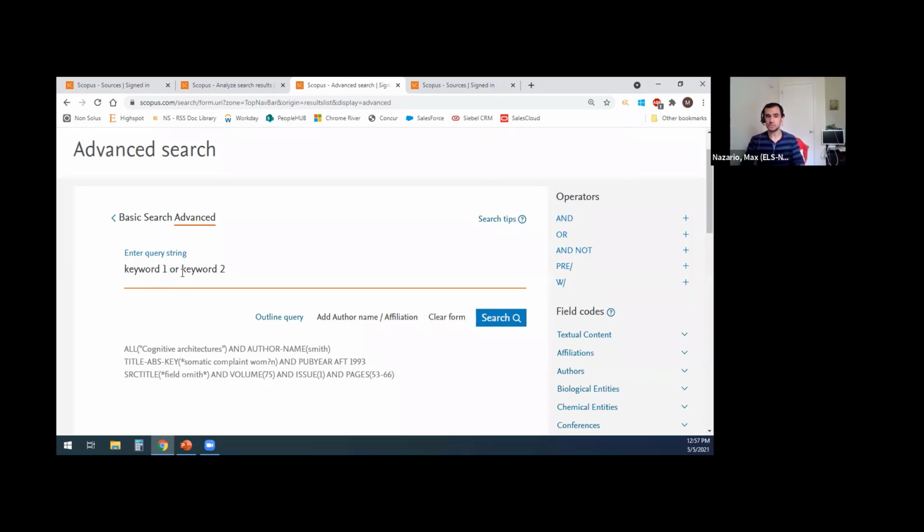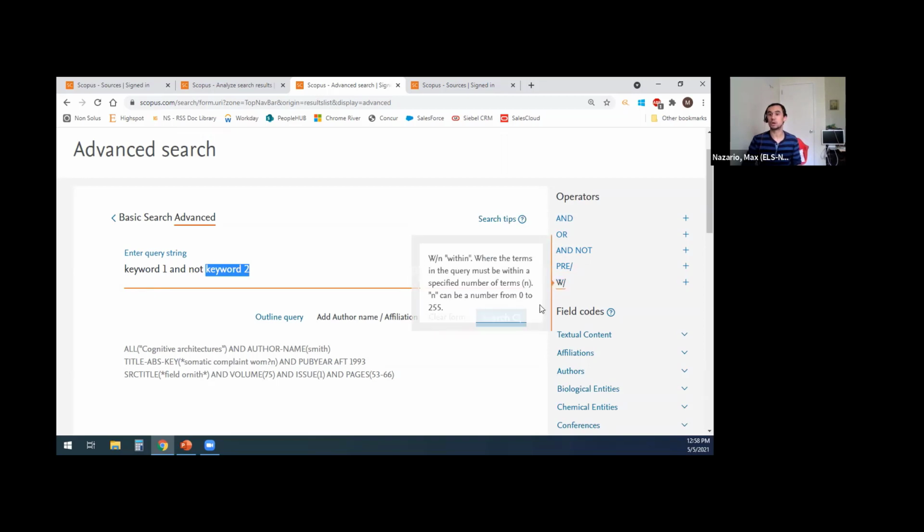OR is going to be either one of them or both of them. As long as it has one or the other, it will be included. And NOT is where you want this keyword, but if it includes this other one, you don't want to see it. The other two are a little more granular, and particularly useful for getting really strong search results that are as complete as they can be.